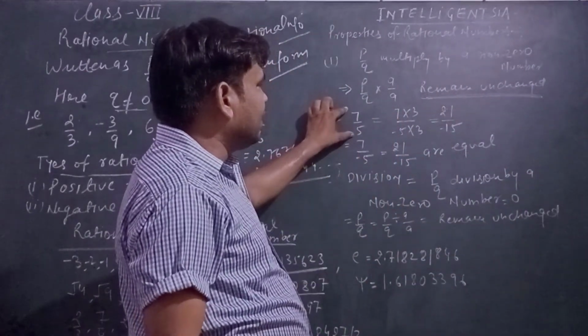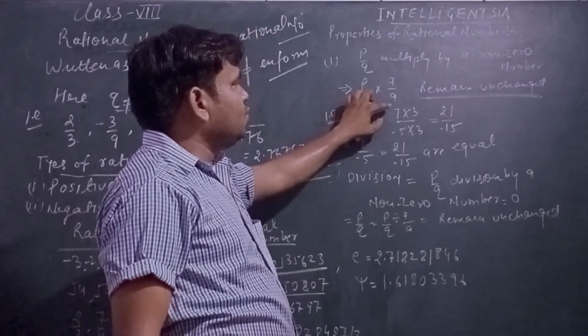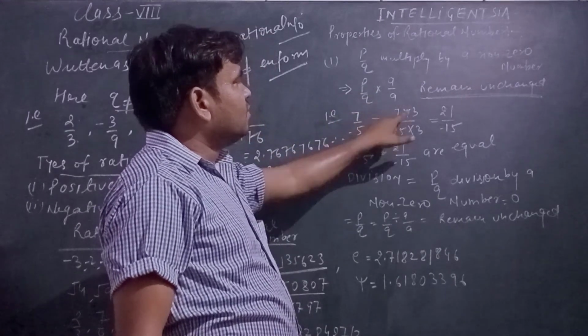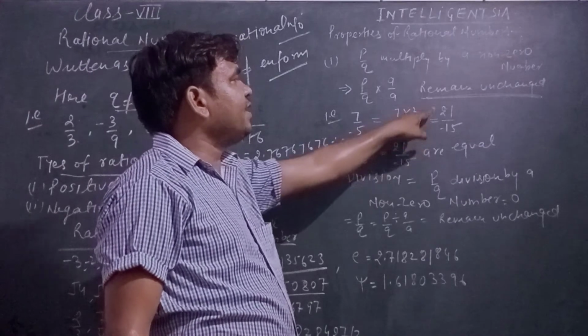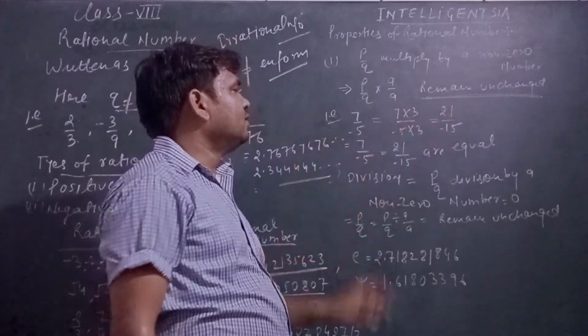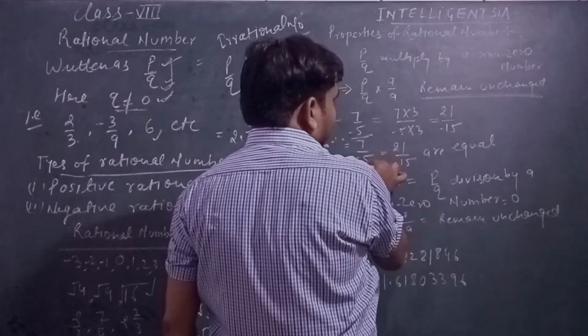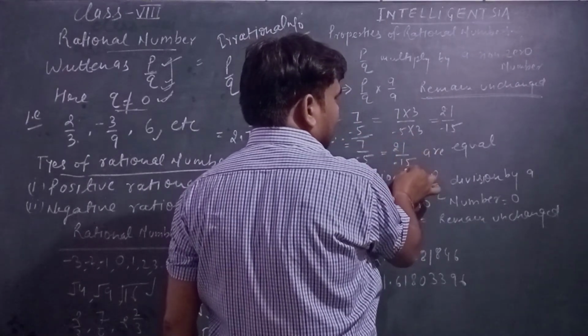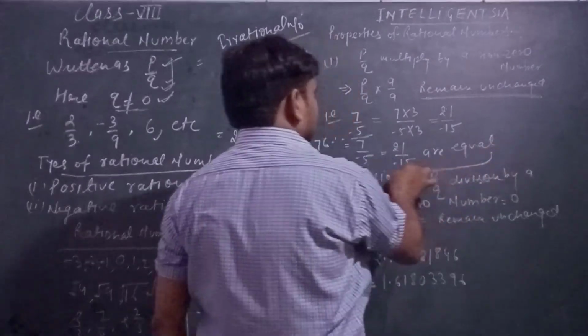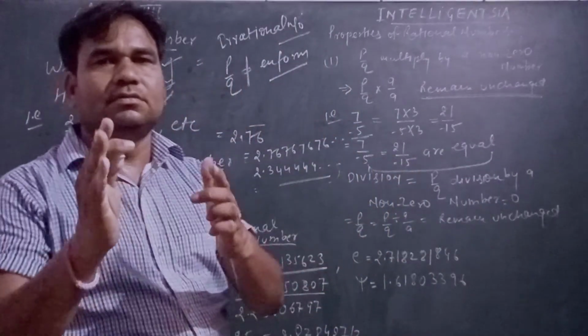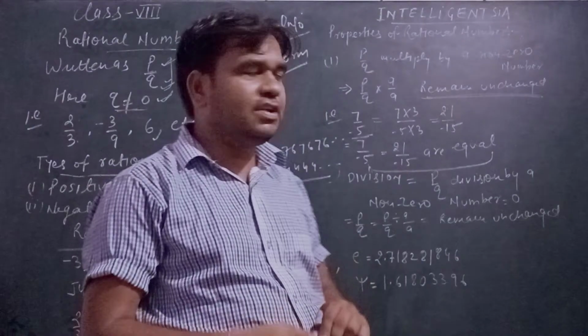When we multiply numerator and denominator by 3, we get 21 over minus 15. So 7 over minus 5 equals 21 over minus 15. This is the property of multiplication, students.